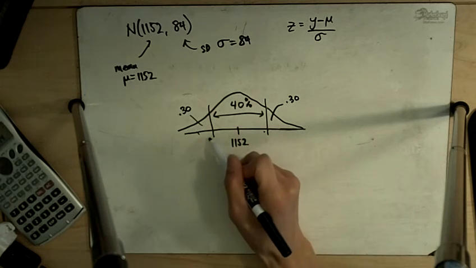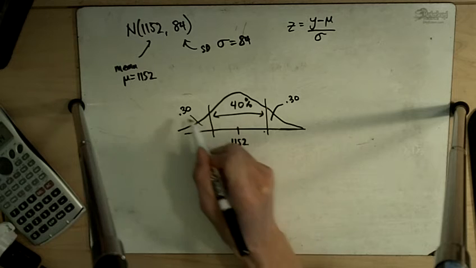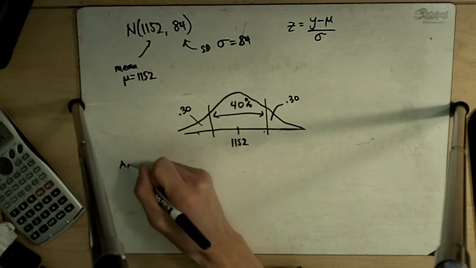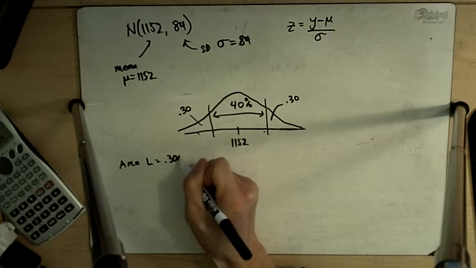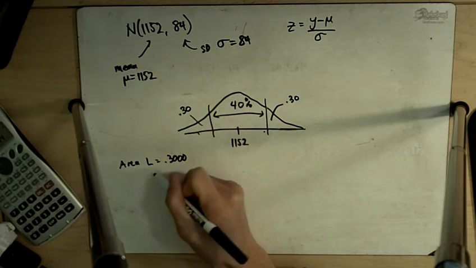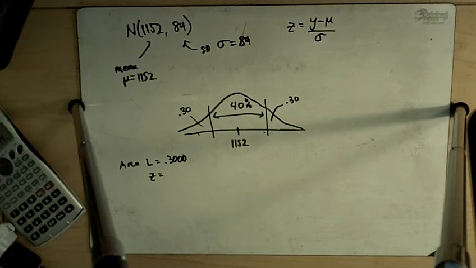So first, we're going to find the z-score corresponding to an area to the left equal to 0.3000, and we're going to find the corresponding z-score. So we go to our z table, and we're trying to find the area that's closest to 0.3000, and the closest value I can find is 0.3015.